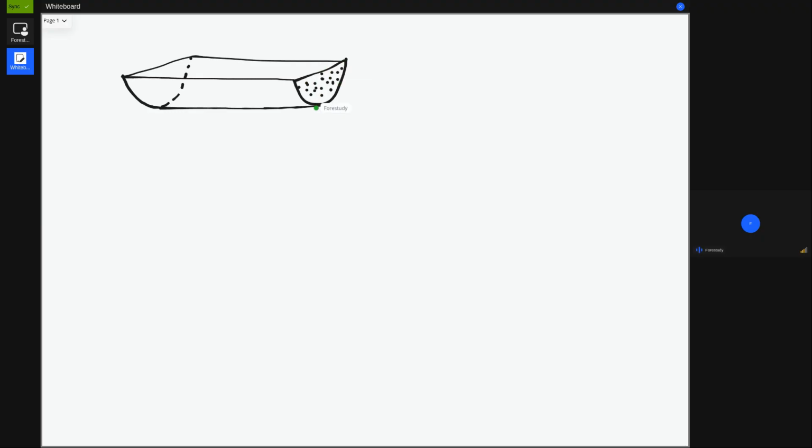So the identification of a channel deposit can be done using the cross section of a channel. If you are seeing a section bearing this, you won't be able to understand that this is a channel deposit.